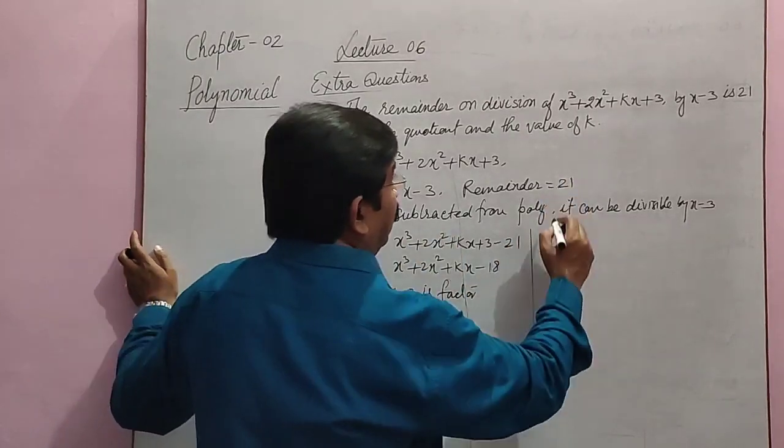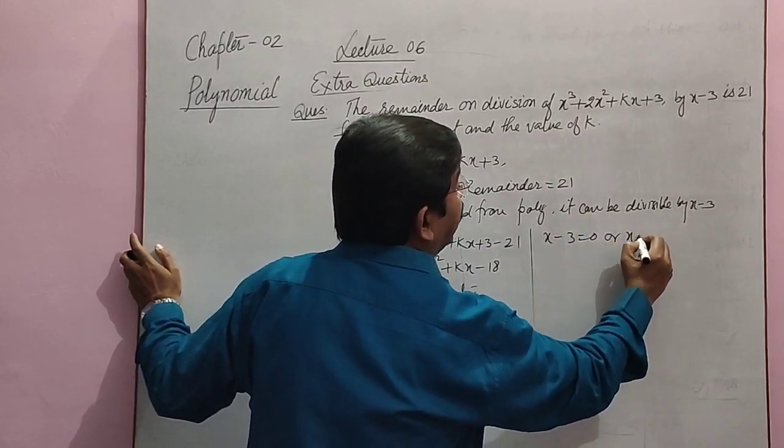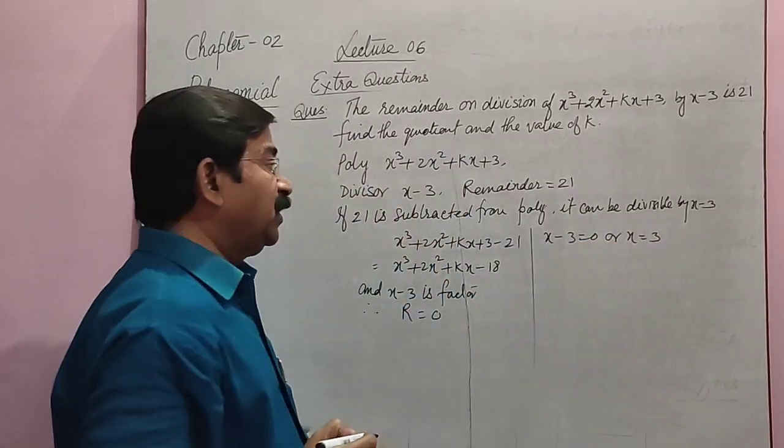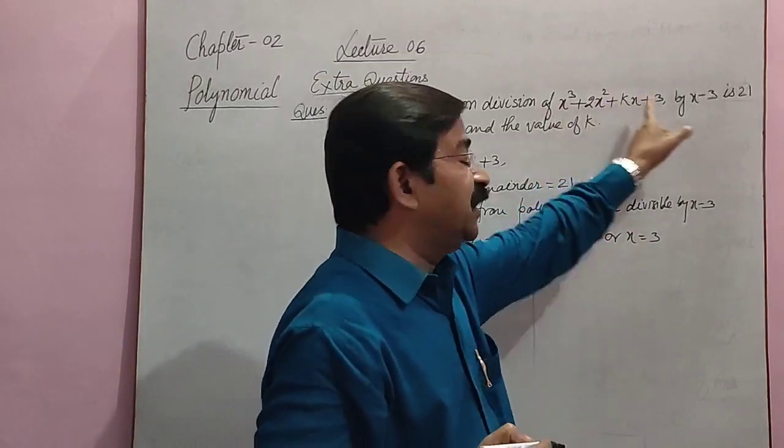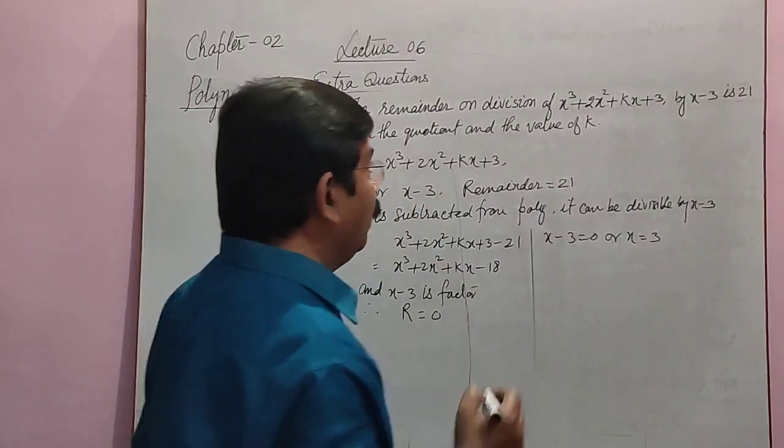Let's see. x minus 3 is equal to 0 or x is equal to 3. By putting the value of x is equal to 3 in this polynomial and equating with 0 remainder, we can get the value of k.